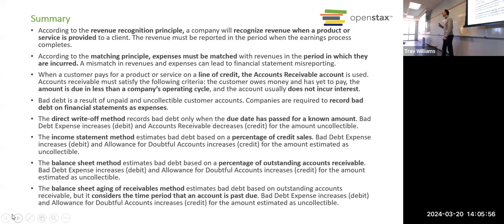We generally do not use the direct write-off method because that would not be GAAP compliant except in rare circumstances. Instead, we use either the net credit sales, which would be the income statement method, the accounts receivable, which is the balance sheet method, or aging of accounts receivable, which is the aging method, to estimate the bad debt. And then we track and see how close we were, right?